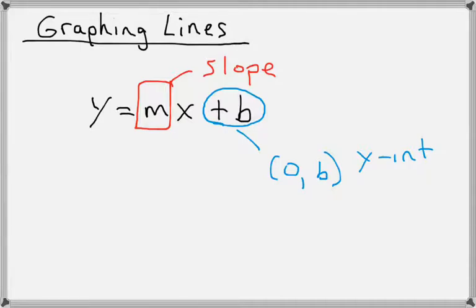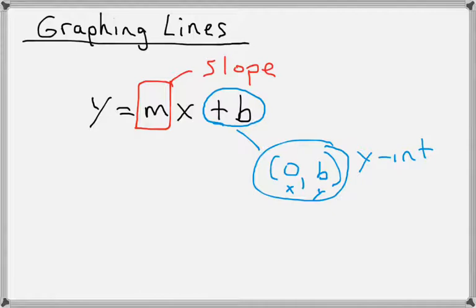The y-intercept is a point on a graph, so it must be written as a point on a graph, as a coordinate with an x value and a y value. So now that we know that, we can make sure that we are not saying the y-intercept is a number. It is always a point on a graph.